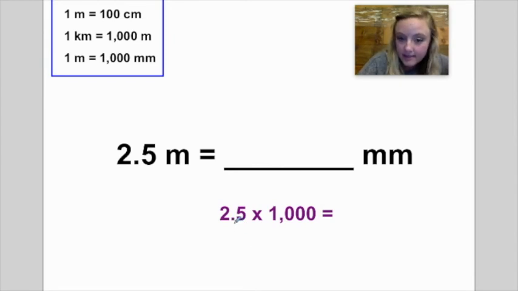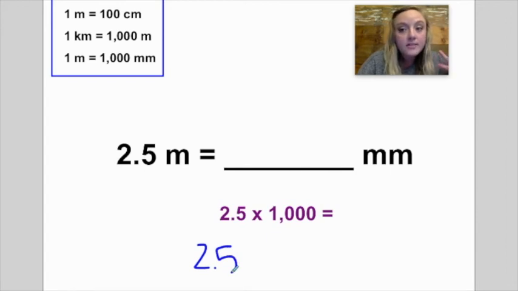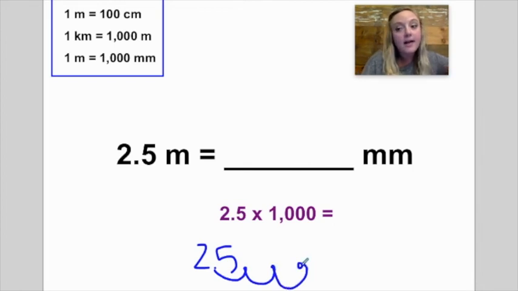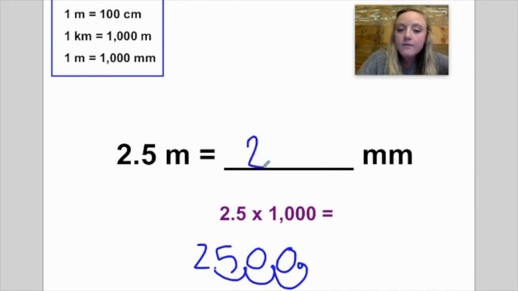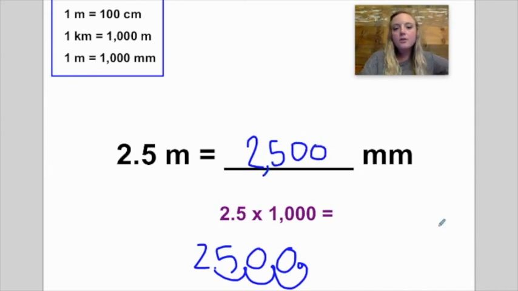So I can take this 2.5, 1,000 is 3 groups of 10, so I can move my decimal point 1, 2, 3 places to the right because I am multiplying. Now these blank spaces right here aren't going to stay blank. I'm going to fill them in with zeros. So now I have 2, 5, 0, 0, and I can't forget about my comma. Remember, comma, 3 digits. So 2.5 meters is equivalent to 2,500 millimeters.